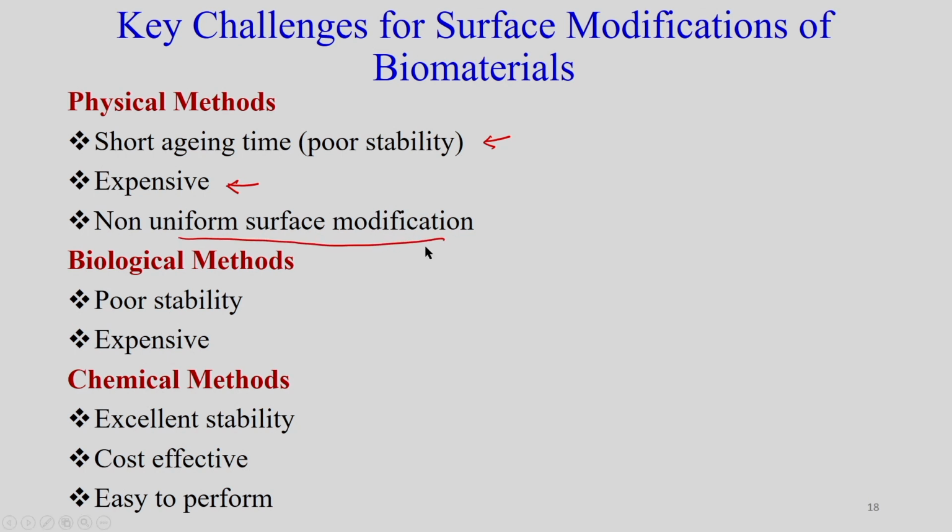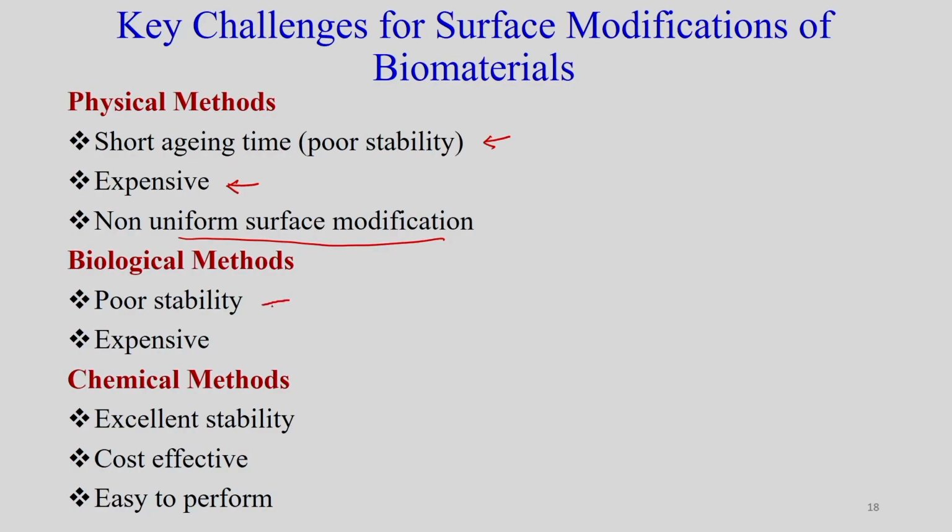We end up with non-uniform surface modification, because it depends on many factors, and the target is evaporated, coming in the gas plasma and getting deposited. Also, as this is a physical method, the stability in biological fluid and the adhesion strength between the coating and surface are still a concern.